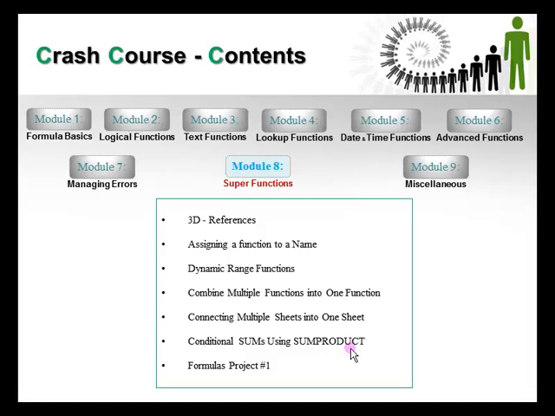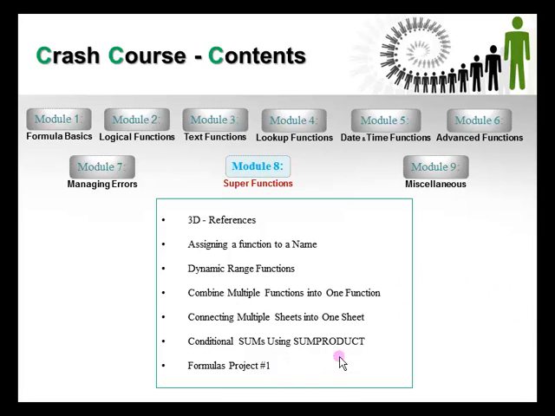Apart from all this, we will use the functions that we have learnt in formulas project 1. I'll take one project and work through most of these functions, and show you in an example video how these functions can be used effectively for Excel reporting.